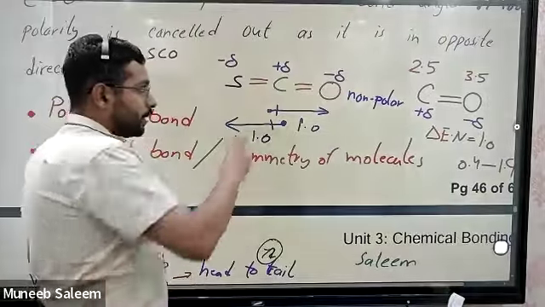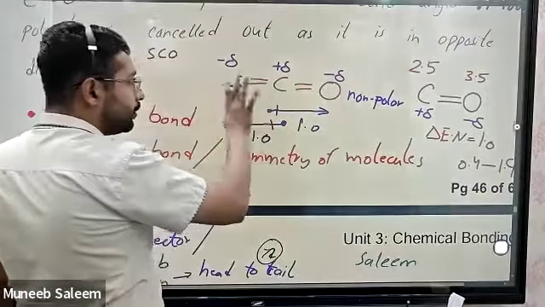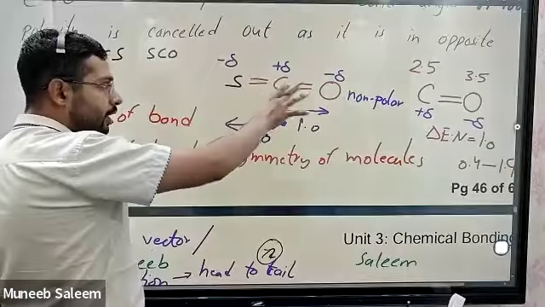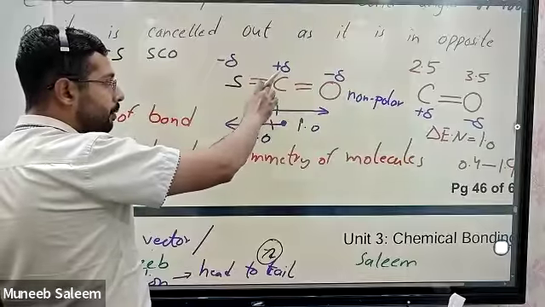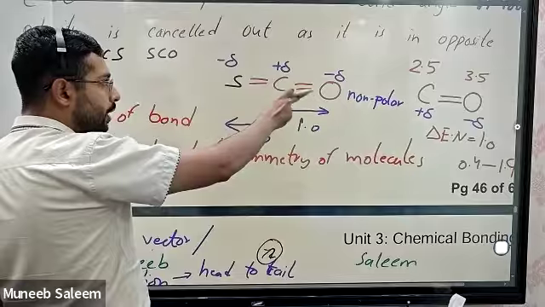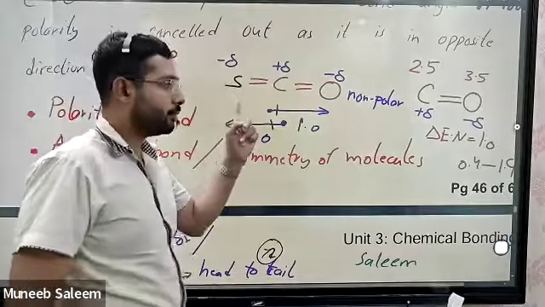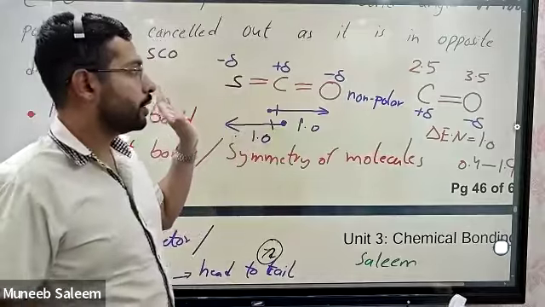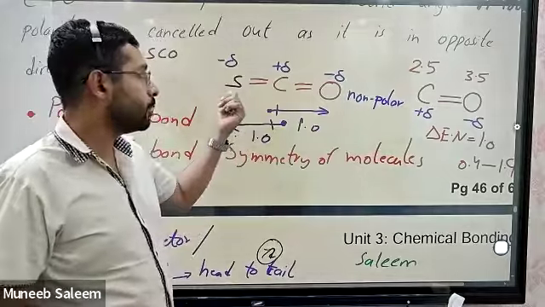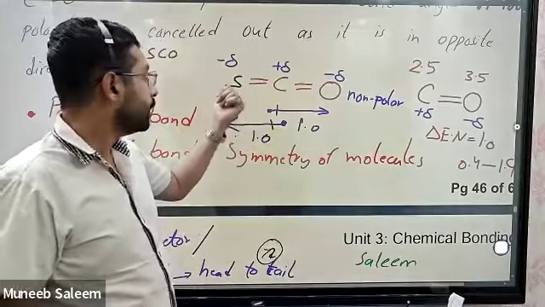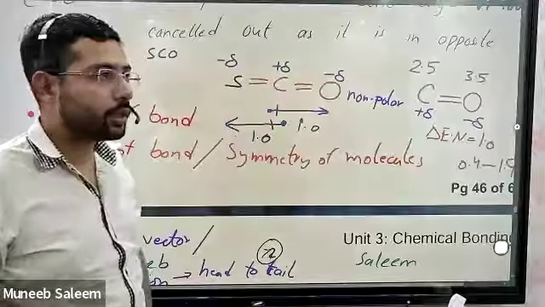Now, in this case, there will be exactly the same dipoles, carbon being sigma positive, oxygen being sigma negative, and this sulfur will also be sigma negative, because as we said, if we check the electronegative value in the table, its value is greater than the value of the carbon.